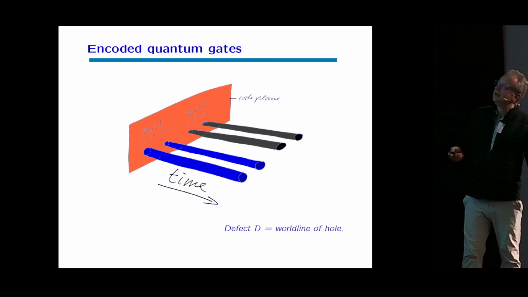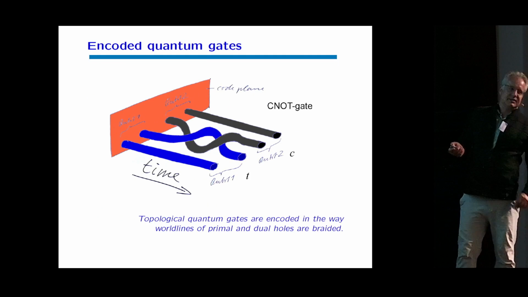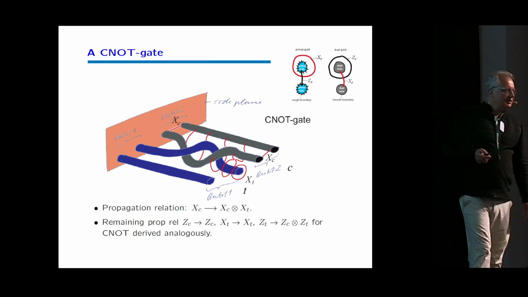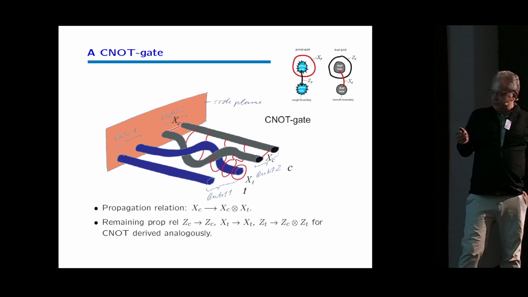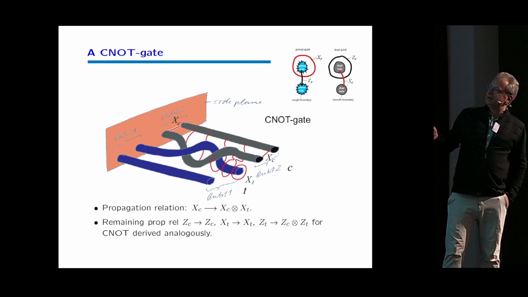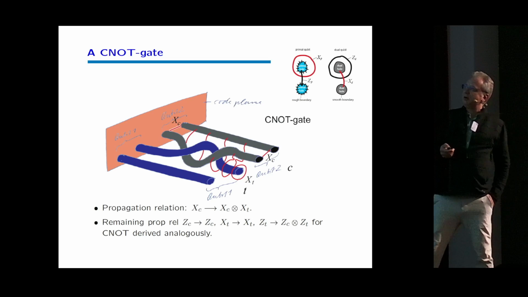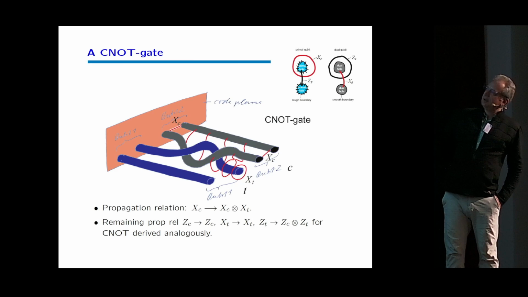Had I had the time, I could have shown you a simple CNOT gate, but the explanation of it with all that notation put in place is now quite simple. So the propagation game that is always played in the stabilizer formalism now becomes a topological game.